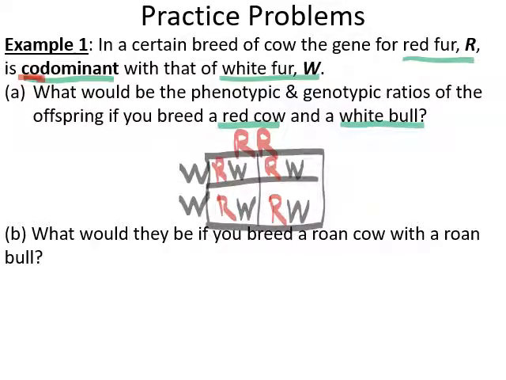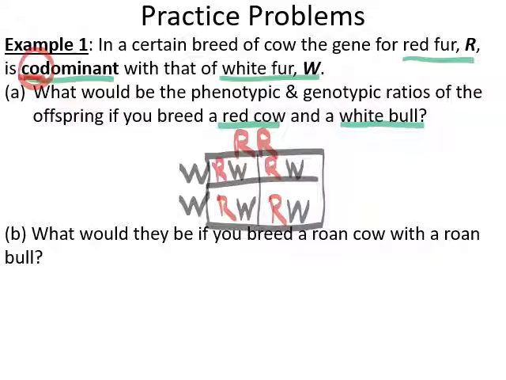And remember, we're just drawing 4 because of the amount of alleles we have. It's not that there has to be 4 baby cows born. It's just that if we looked at the ratio here, for all 4 possibilities, in this case, they are all going to be heterozygous for red fur and white fur, and because they are codominant, they will have that roan coloring that we saw on the horses, but they're going to have both red and white fur at the same time.